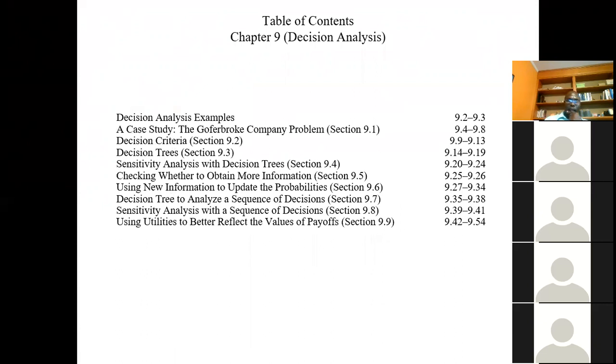I like how it goes through each topic with examples and step-by-step instructions on how to make a decision in situations of uncertainty. I'd like to walk through a bunch of these, and if you have a question, just let me know. We'll stop, answer your question, and then move along.